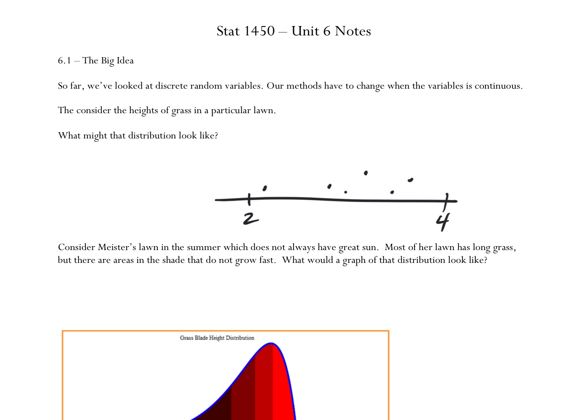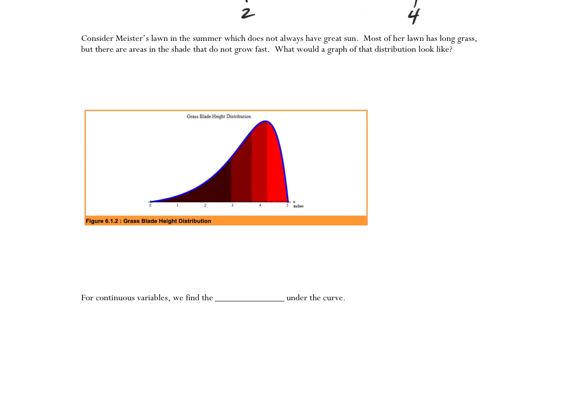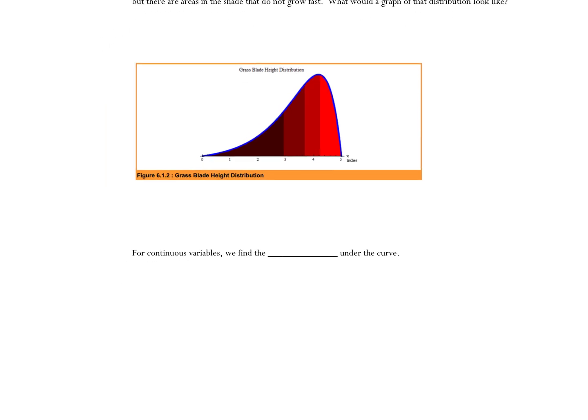Whereas on any given day in the summer, Miss Meister's grass is not recently mowed, because she is not good about mowing her grass at all. In fact, if you look in my yard, I have a fence on each side because of 3 monsters that would run away if we didn't have a fence. But that fence puts one side of the yard completely in shade and one almost always in the sun.